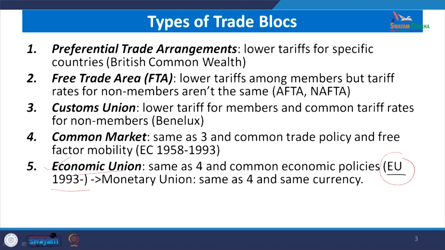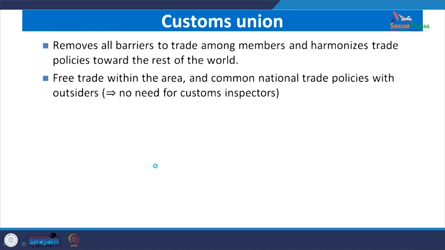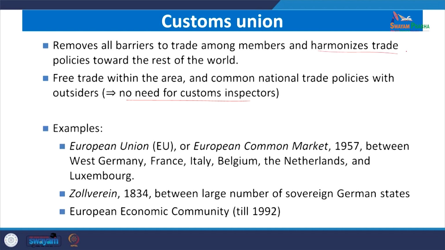economic union. Now, since we already discussed, let us move on to define customs union in detail, where I have repeatedly said there is no need for a customs inspector, because all the trade policies are actually treated as common; they have harmonized trade policies across the rest of the world.